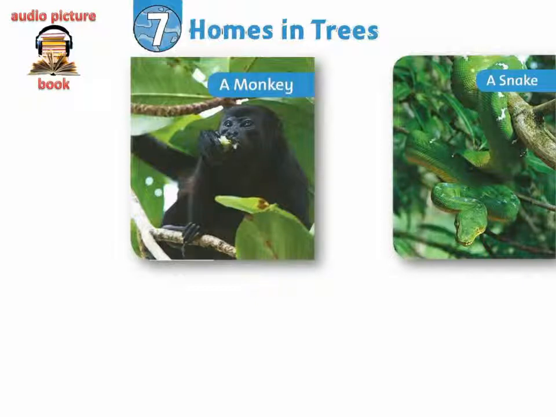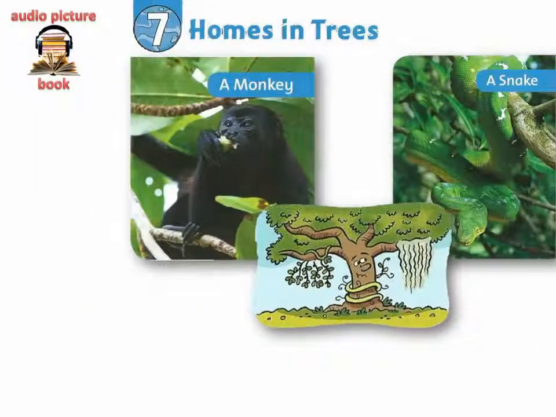It likes its home. It can find birds to eat there. Foxes and other big animals can't catch the snake in the tree. Discover. Some plants live in trees, too.